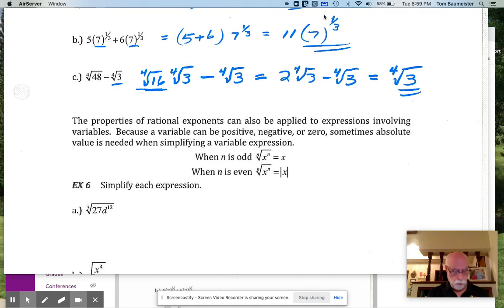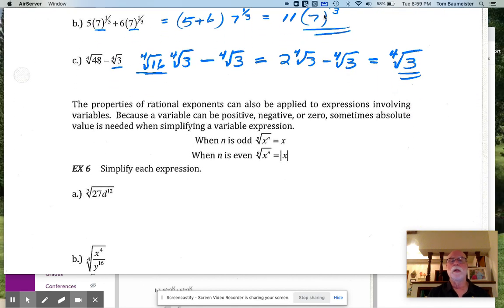All right, so the properties of rational exponents can also be applied to expressions involving variables. Because a variable can be positive, negative, or 0, sometimes absolute value is needed when simplifying a variable expression.